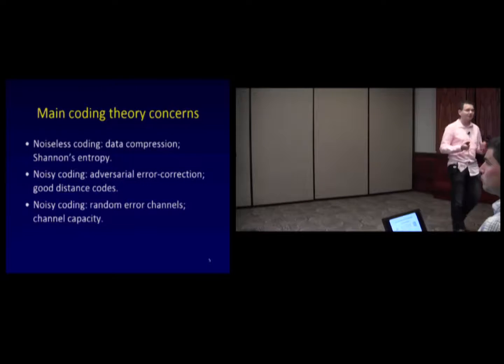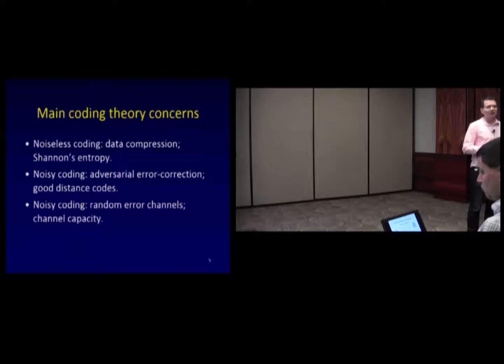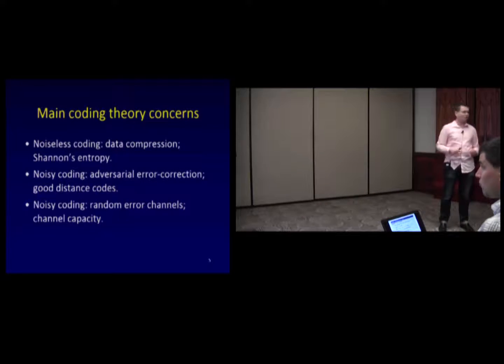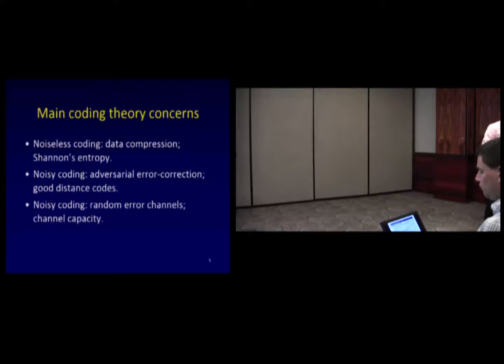One has to do with random errors, where the important concept for one-way communication becomes channel capacity, and the key insight there is that you can separate the channel that's being used from what you're trying to transmit over the channel. If you wanted to get one idea out of coding theory, that would be it. It seems completely obvious to us, but it's actually a striking idea.